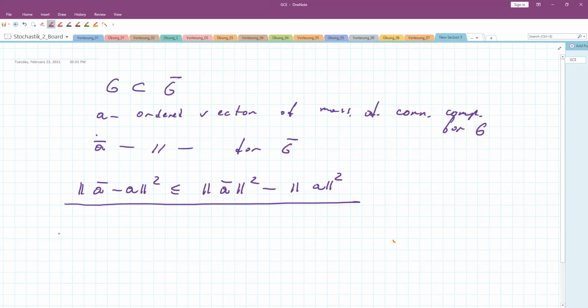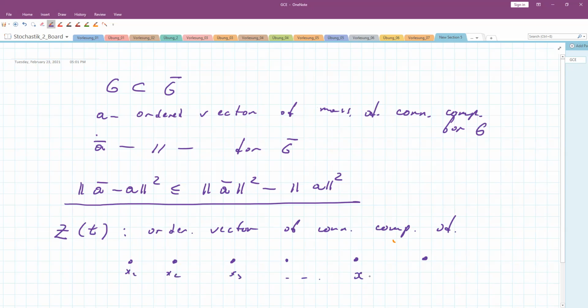Now let's consider the vector ZT, which is the ordered vector of connected components of the graph we consider. It is x1, x2, x3, and so on, xm plus 1, and so on.